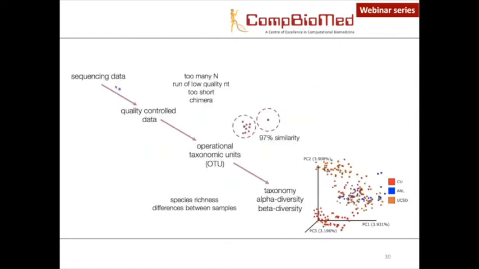So this is the starting point where they start from their sequencing data, and they go through different steps using QIIME to work out the richness of their species and come out with plots where you can see relatedness of samples. And this is just an indication of a PCOA plot, a principal coordinate analysis plot. So all of our students took their sequencing data, the metadata associated with it, and were able at the end to generate these principal coordinate analysis plots.